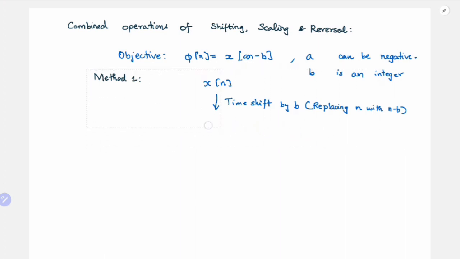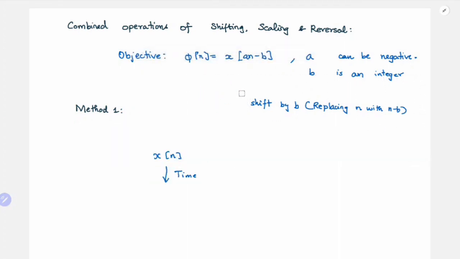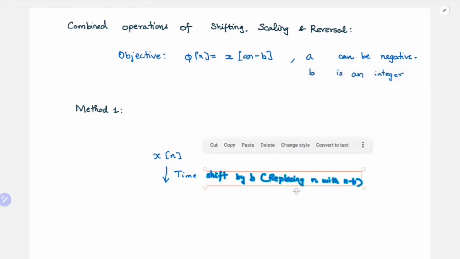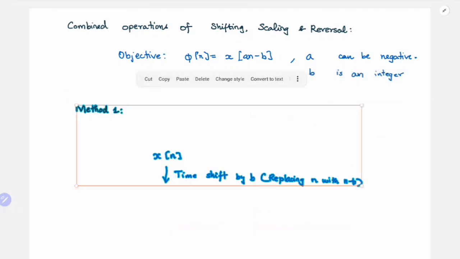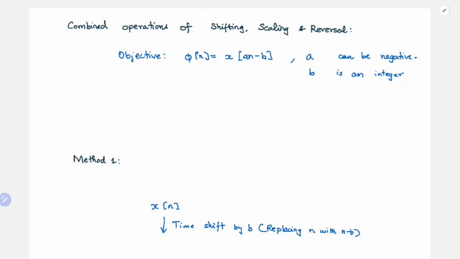Before this, I will also summarize for each thing what is happening.